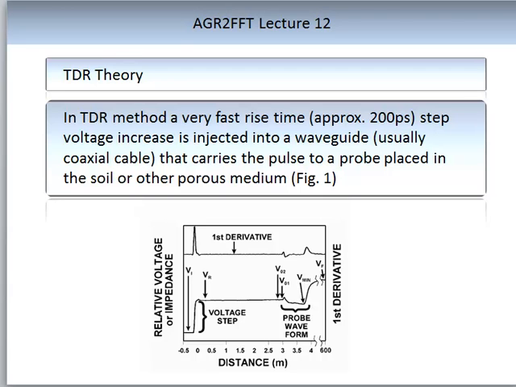The voltage is injected into a waveguide, which is usually constructed of a coaxial cable. This coaxial cable carries the pulse to the probe, which is placed inside the soil or the other porous medium. Figure 1 demonstrates how the relative voltage or impedance is connected with the distance from which the signal is sent.